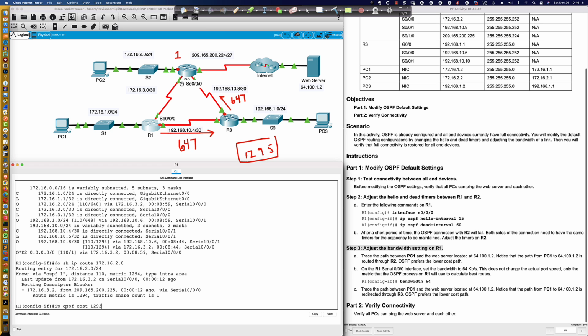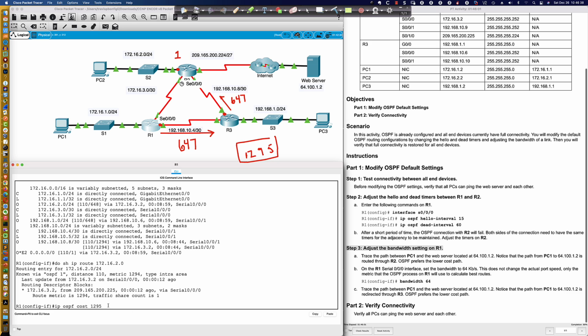What if I say ip ospf cost 1295? And again, remember, the cost of that interface, not the whole path, that interface. So it would be 1295 plus 1 is 1296.